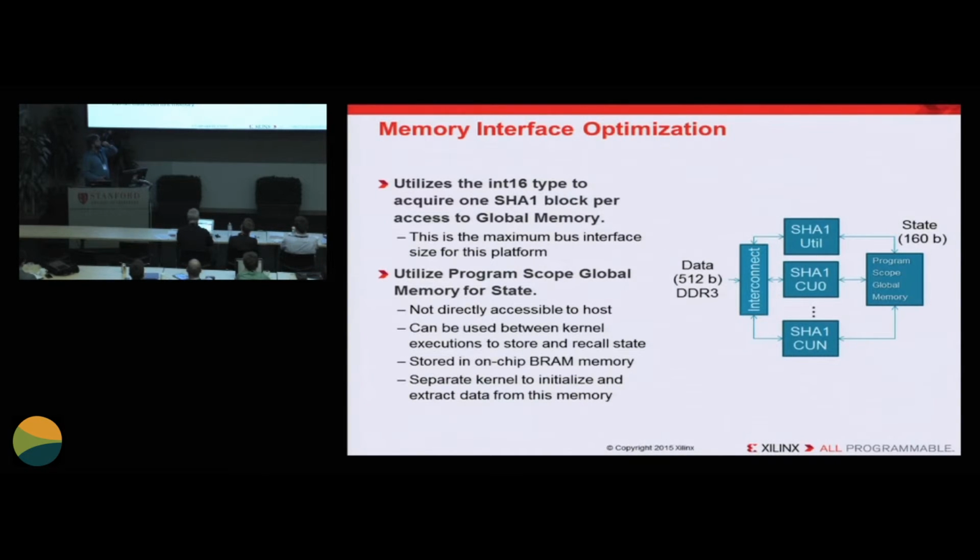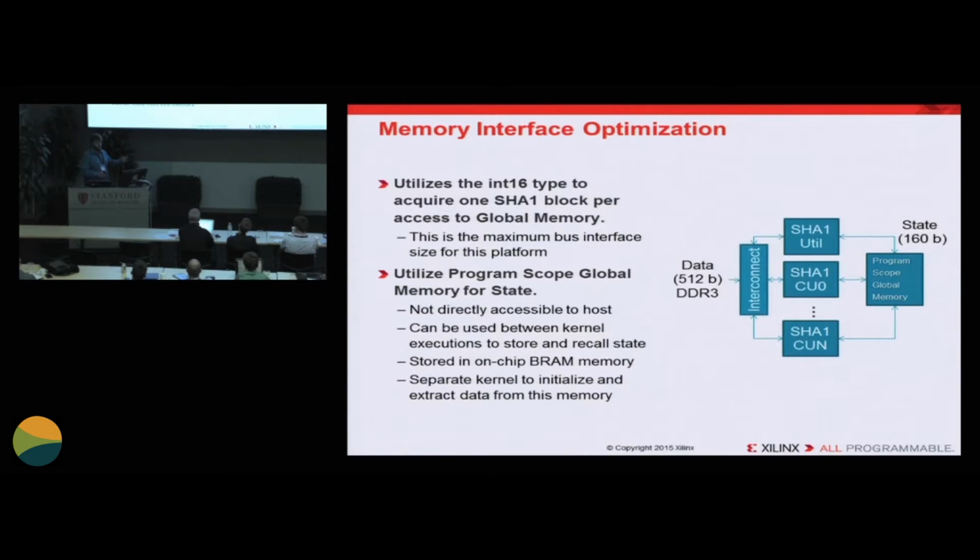So what we need to do is make sure that the compute units have a 512-bit interface and that they're able to access the full bandwidth available. So one of the first optimizations we did is add this 512-bit parameter to our device.